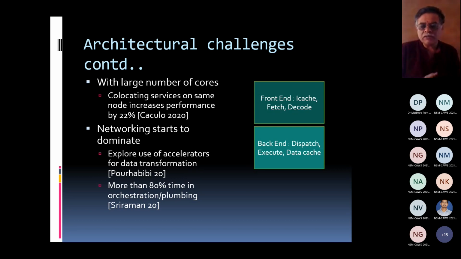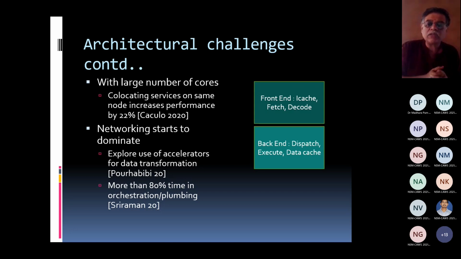But if you have 64, 128 cores, or even 256 cores like what AMD has, why not co-locate these onto different cores of the same machine, right? Would that help you get better performance? That's one paper which Shreyash explored last year.